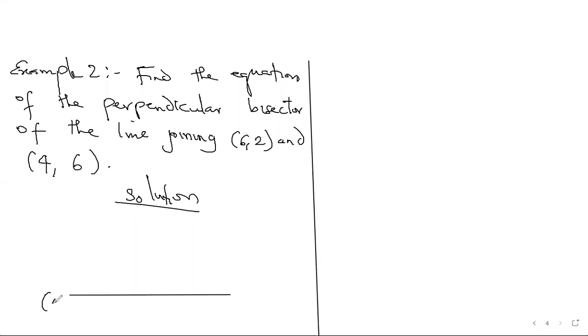I just want to assume that these are the 2 points, point 1 and point 2, 6,2. So the perpendicular bisector will pass through here. What do we mean by bisector? A line that is perpendicular to that line and passes through the middle of the line.